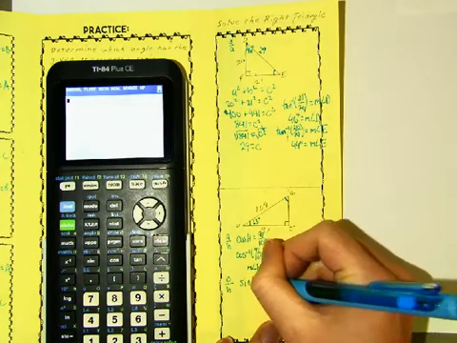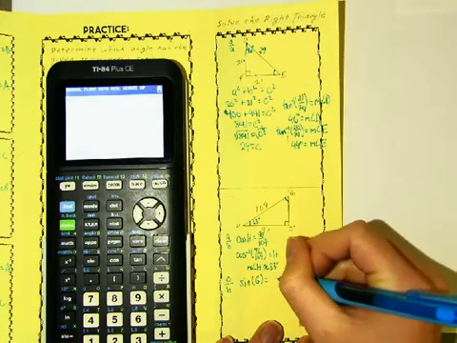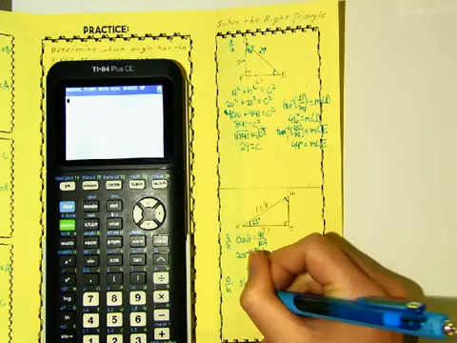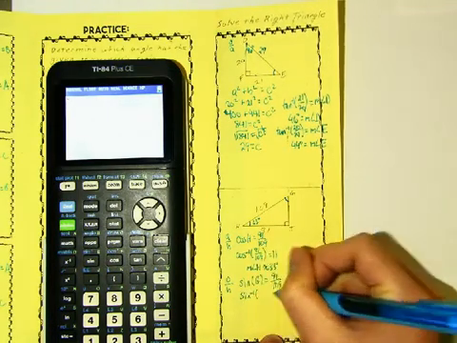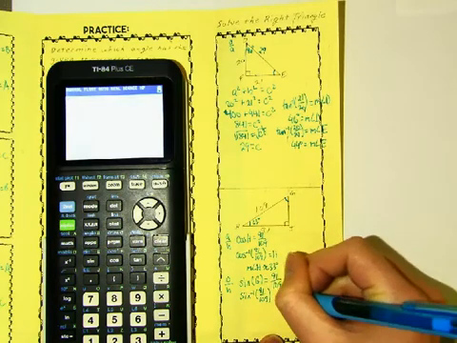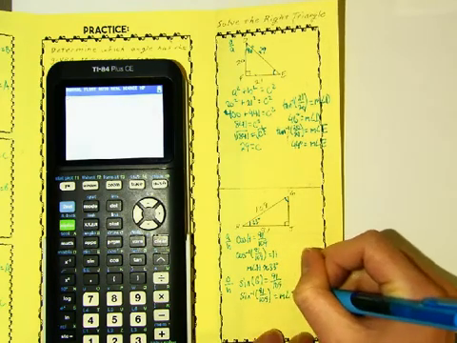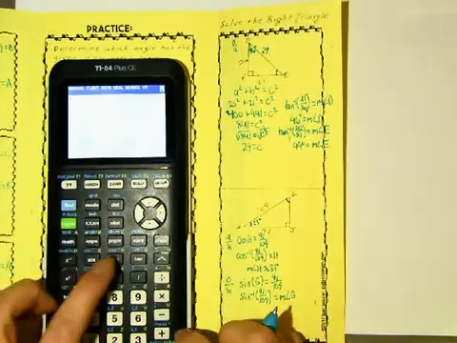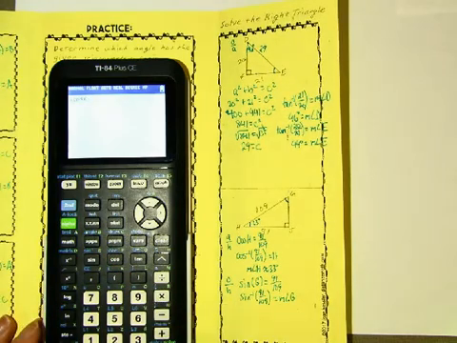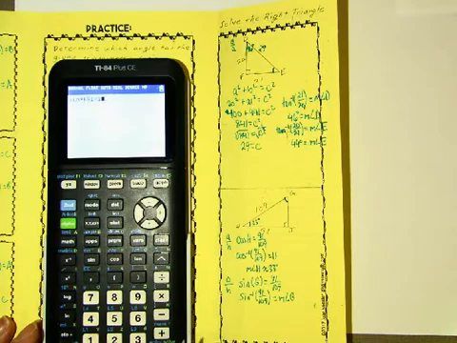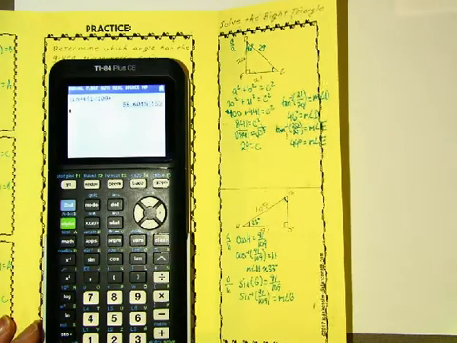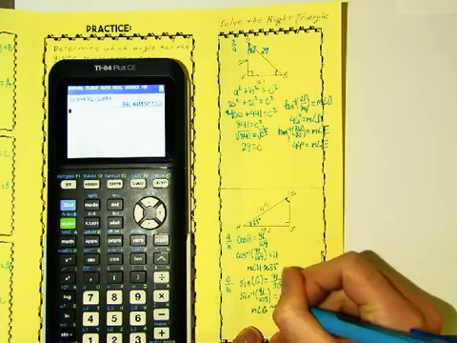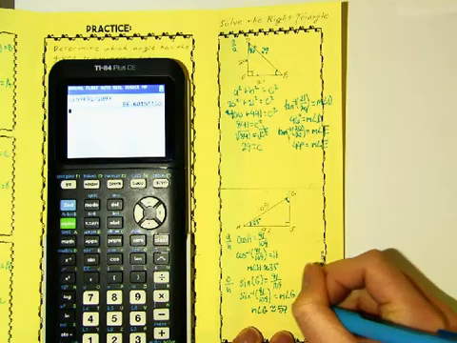So if we have sine of G equals 91 over 109, then the inverse sine of 91 over 109 is going to give us the measure of angle G. So again, if we plug that in, we have inverse sine of 91 over 109, and that gives us that the measure of angle G is approximately 57.